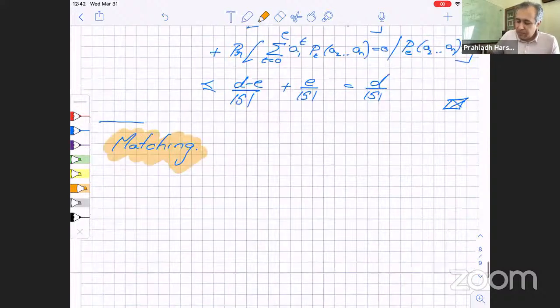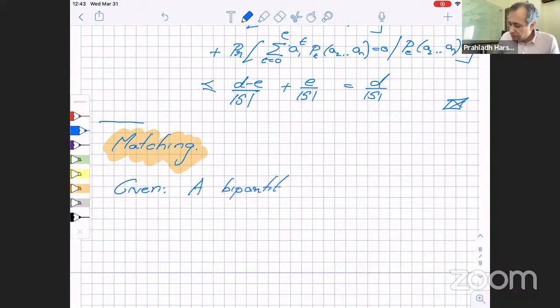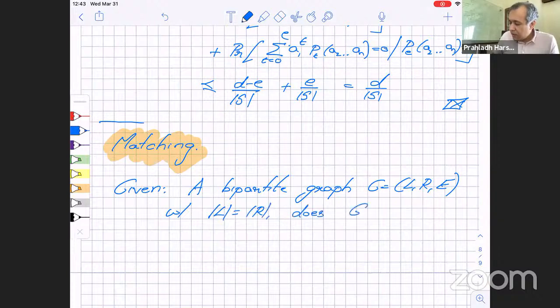The input is given a bipartite graph G with parts L and R, with size of L equal to size of R. Does G have a perfect matching?